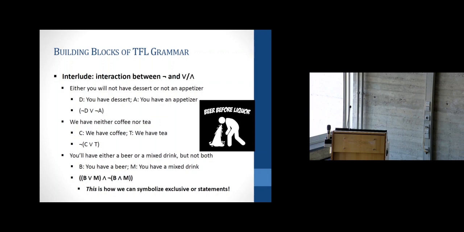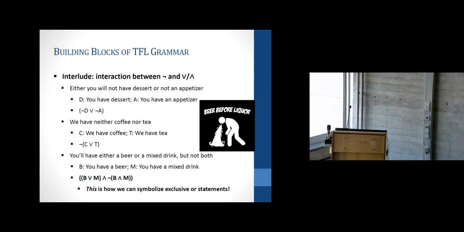So you will not have both, but you will at least have one. You will have either, but you won't have neither. I'm confused. This is why I like logic. It says one of them, but not both. If you take out the one of them, it's still possible that you don't have any of them, and that's also a way of not having both.